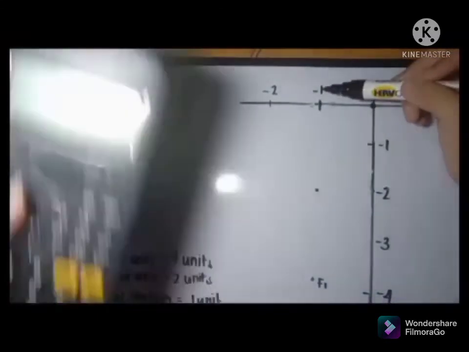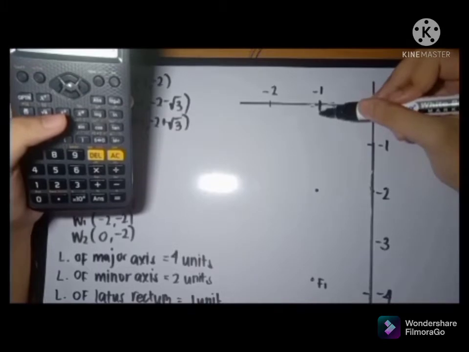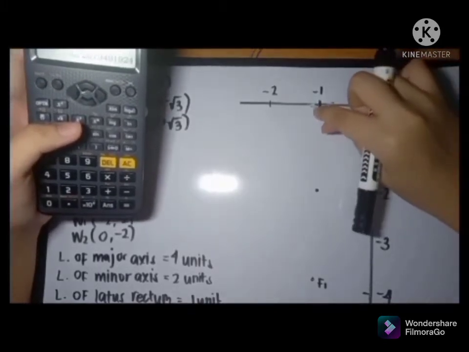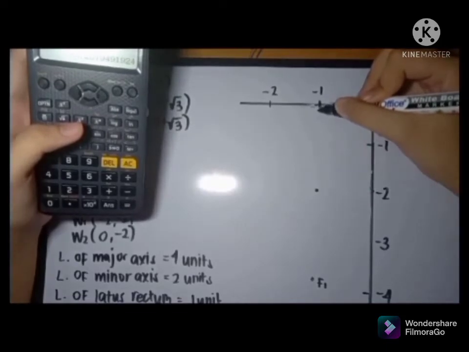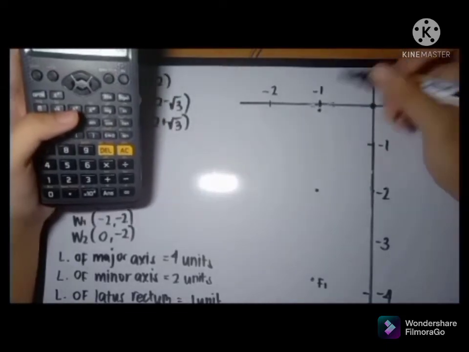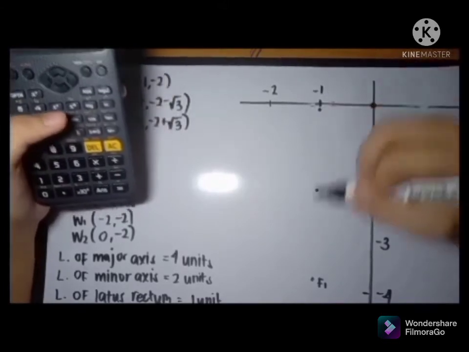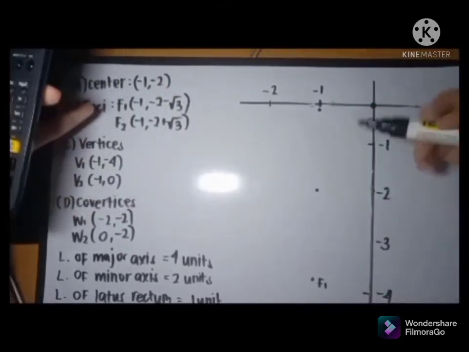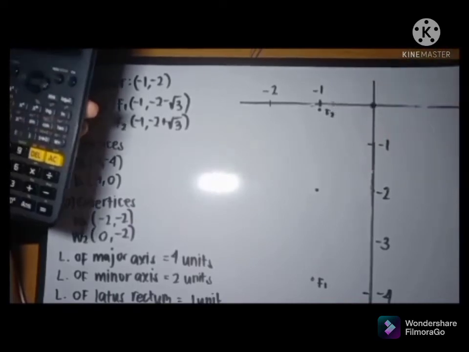So we're going to plot it, negative 1, comma, negative 0.26. I'm assuming that negative 0.26 is right here, and that will be labeled as f sub 2.